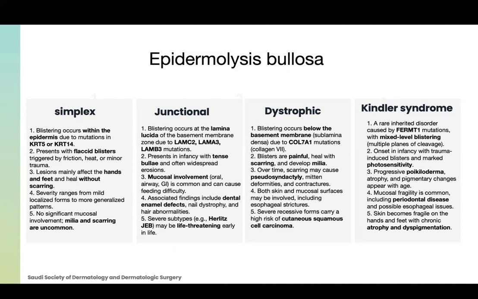Some are only acral, so they occur only on the hands, feet, elbows and knees, and some are more generalized and involve even the mucous membranes. It's a heterogeneous group, and the presentation is different, and usually the diagnosis is done by taking a skin sample for electron microscopy to see the level of separation.